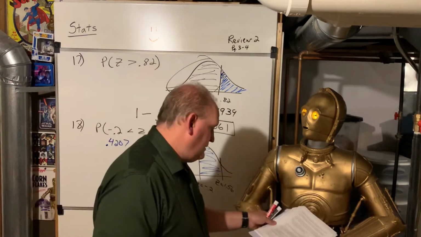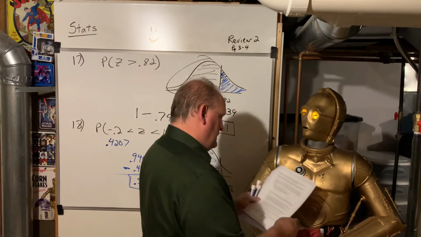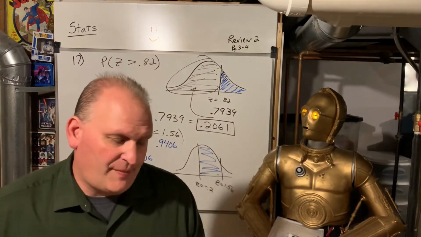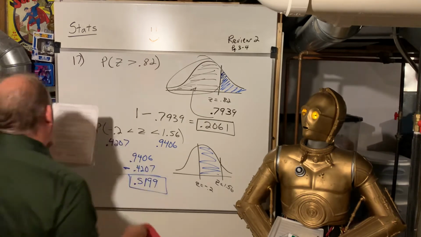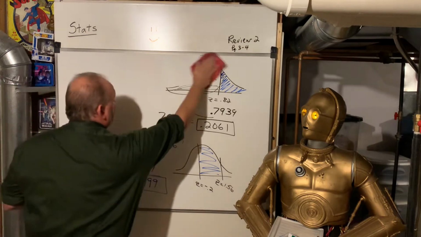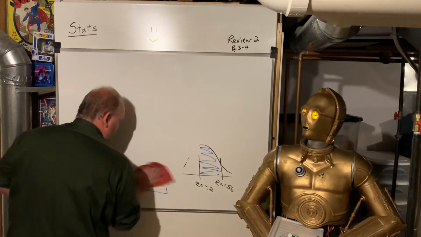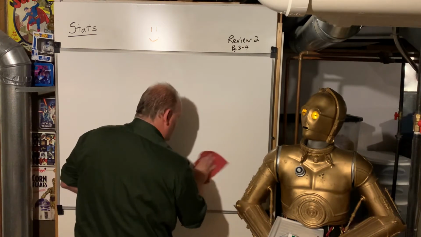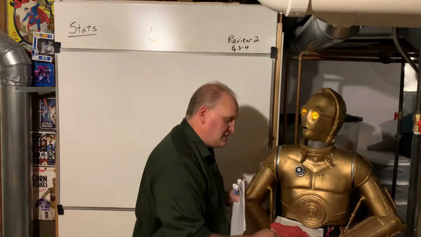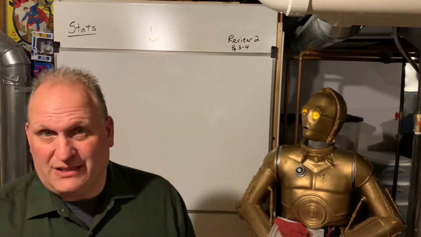Okay, so 19, it says if a sample of size 70 is taken from a population with a mean of 28 and a standard deviation of 9, what does the central limit theorem tell us? Well, the central limit theorem tells us two things. The first thing the central limit theorem says is basically whatever the mean is of the sample, we can say that's also the mean of the population.